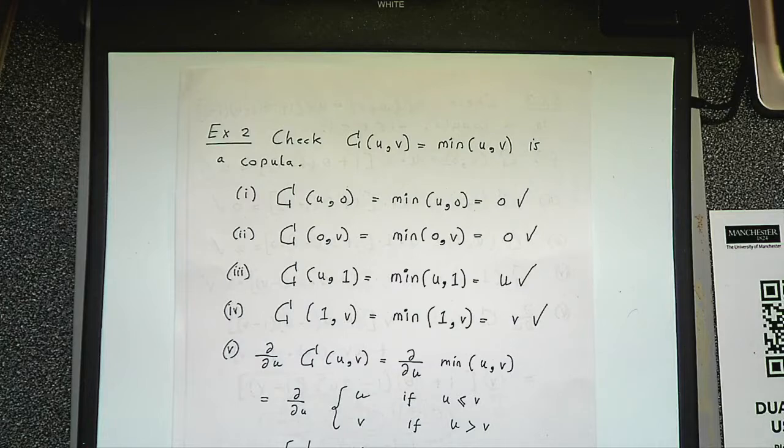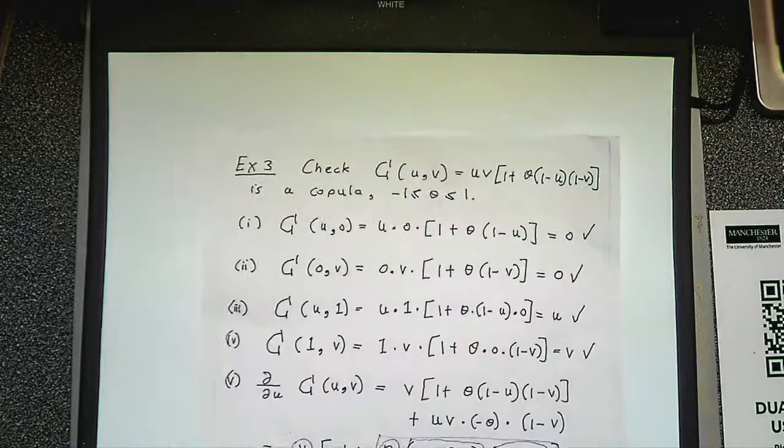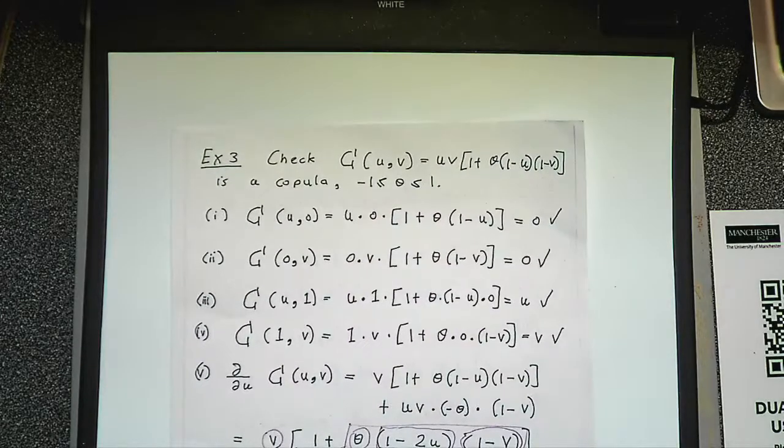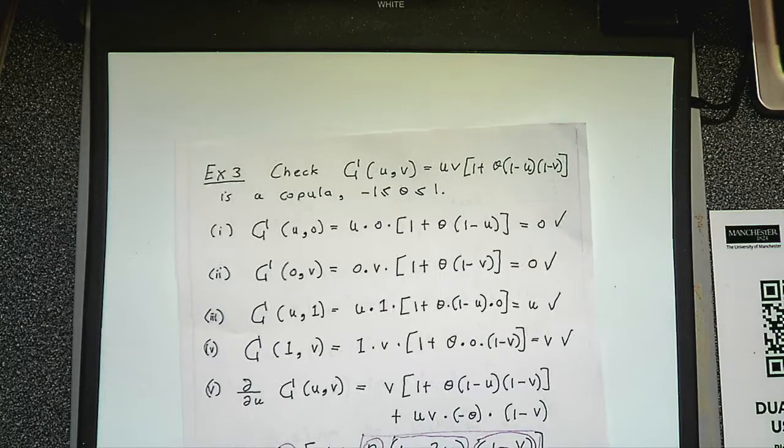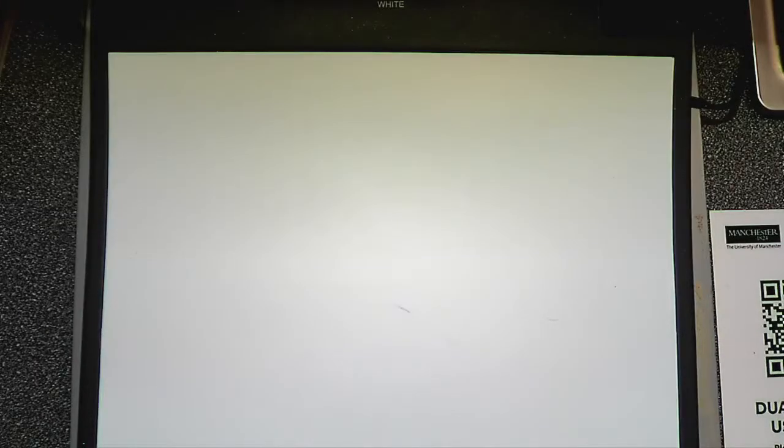And the third example I did, once again, it's not difficult to see, where theta is a number between -1 and +1, that all 6 properties are satisfied. So that's the 6.